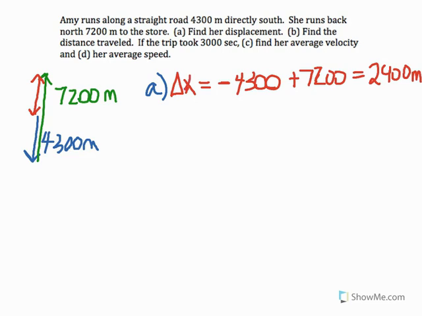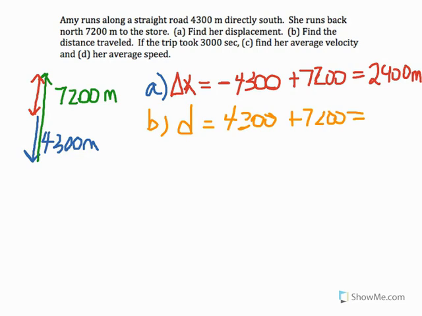That's delta x. Okay, now for part B, we want to find the distance that she traveled. Now I just want to know how far did she go. So the distance is simply going to be, there's not going to be any signs because direction doesn't matter. So I'm simply going to add up the 4,300 with the 7,200.